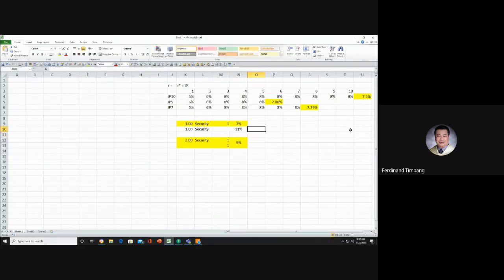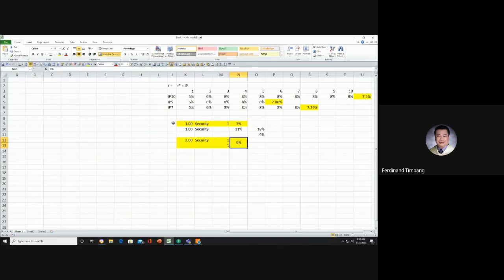Bakit? Kasi pagka inadd natin itong dalawa, which is 18, divided by 2, 9% din siya, which will equate to this one. So yun yung sinasabi niya. Dapat, it doesn't matter if you earn a placement in 1 year at saka 2 years, dapat yung 2 years na tig-1 year will equal to a 2-year security.